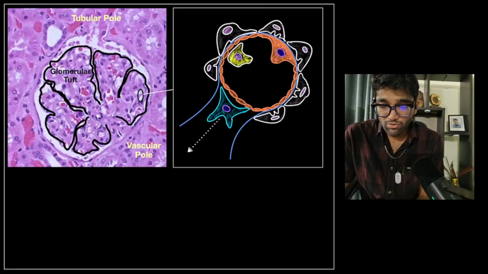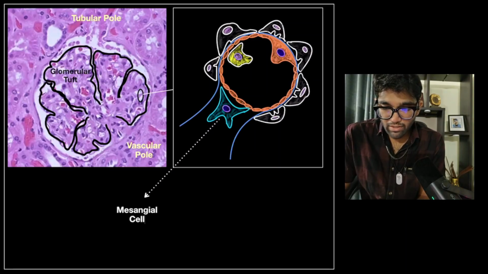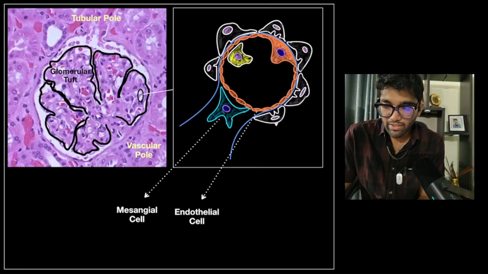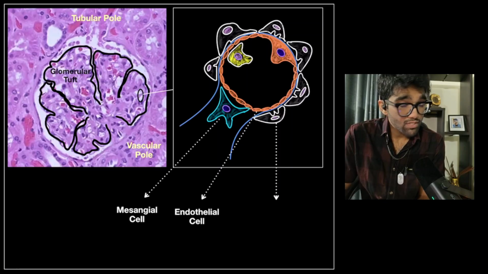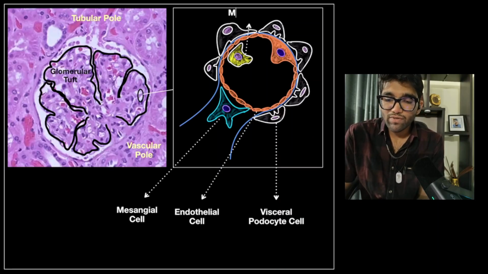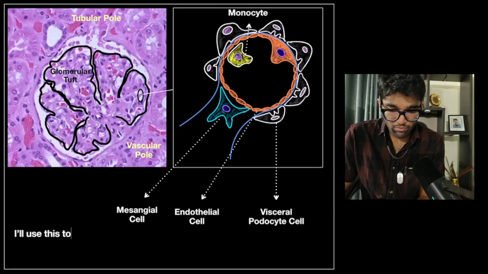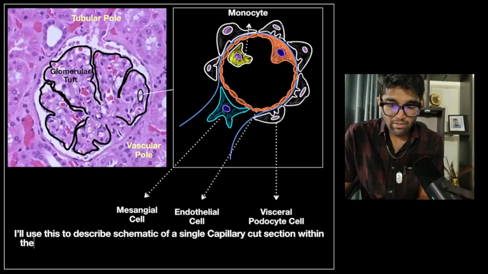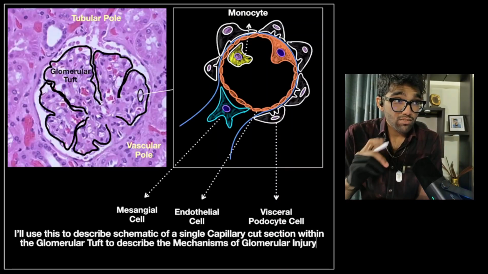Okay, so this would be the mesangial cell, the next cell is the endothelial cell, and then we have the visceral podocyte. Inside we've got a polymorphonuclear cell or a macrophage, one of the two, mononuclear or polymorphonuclear cell. So this is the schematic that we'll be using, but remember this represents one single cut section of one single capillary lumen.